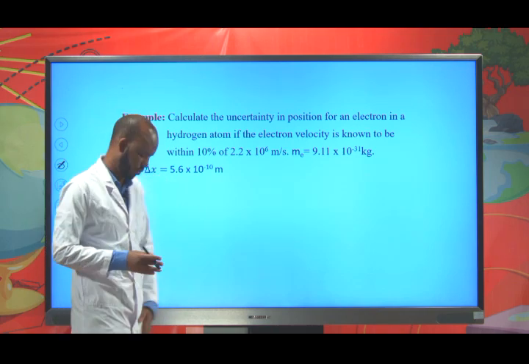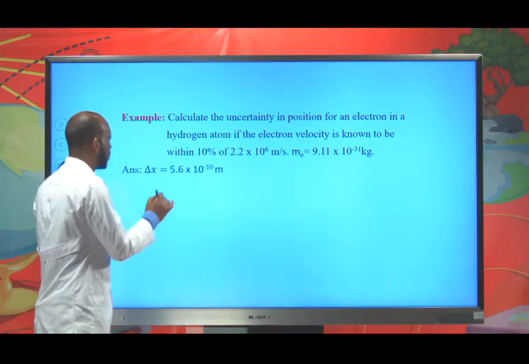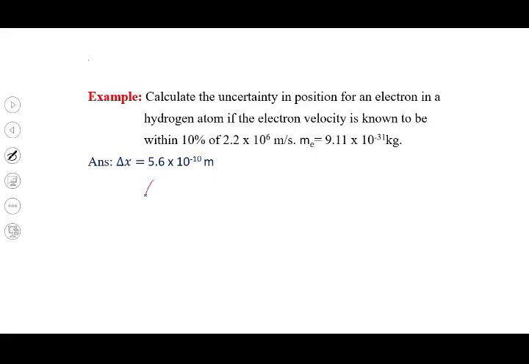the uncertainty in position. Now, from the Heisenberg's uncertainty principle, we have this: the change in position times mass times change in velocity, or uncertainty in velocity, equals h divided by 4 pi.